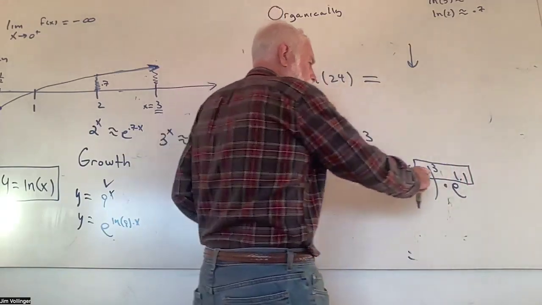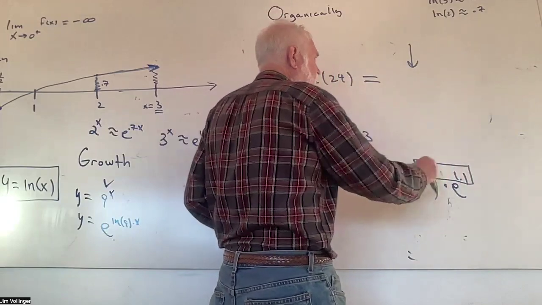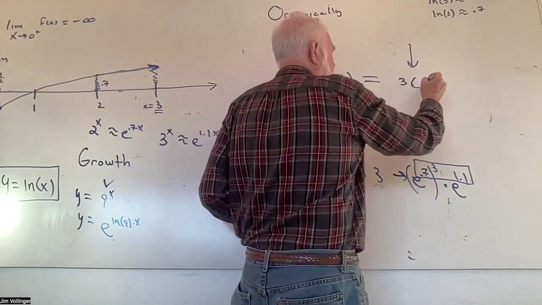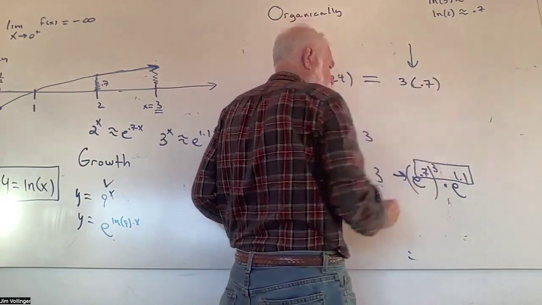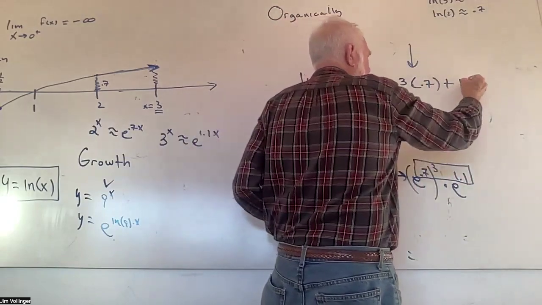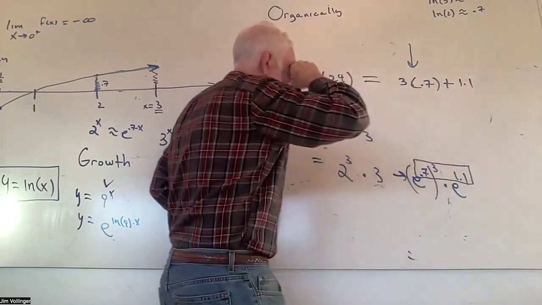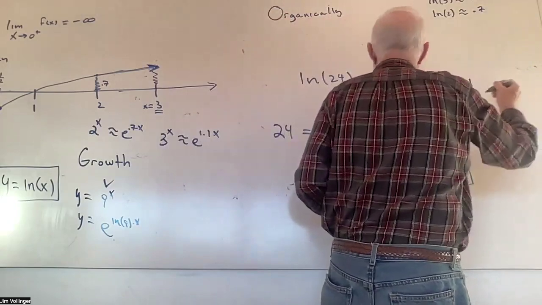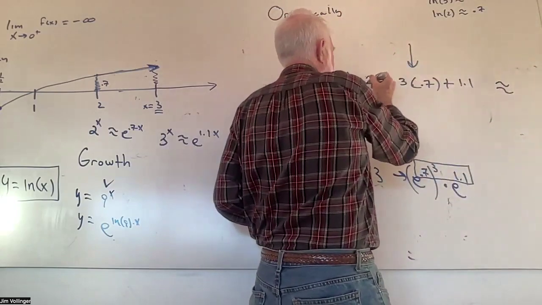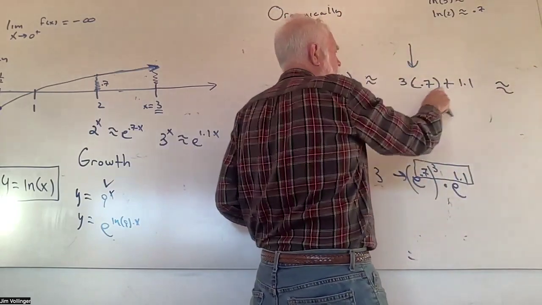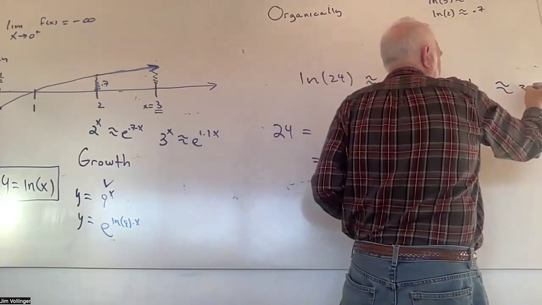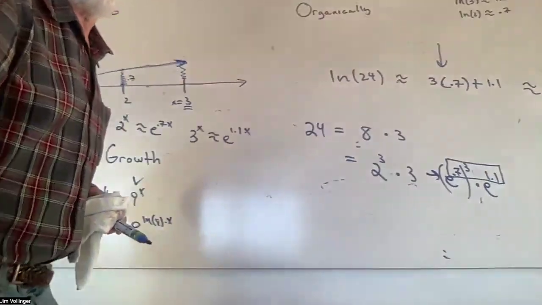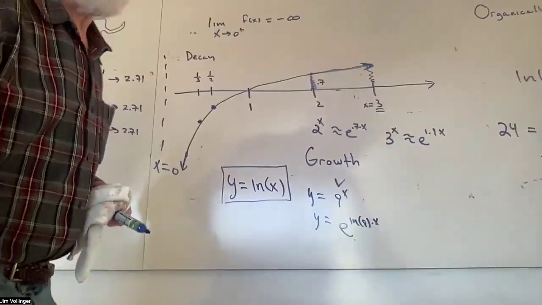I see a power to power, 3 times 0.7, plus 1.1. Right, so that's approximately going to get us an approximate answer. These are approximations now. 2.1 plus 1.1, 3.2. And we could come back over here to the ln function and see if that makes sense.